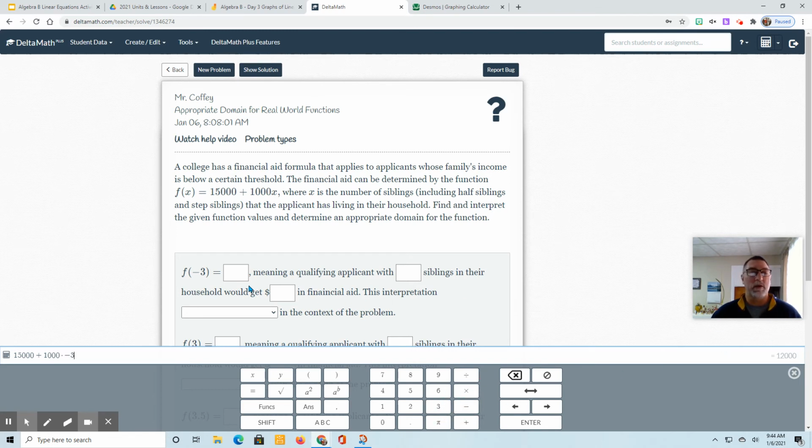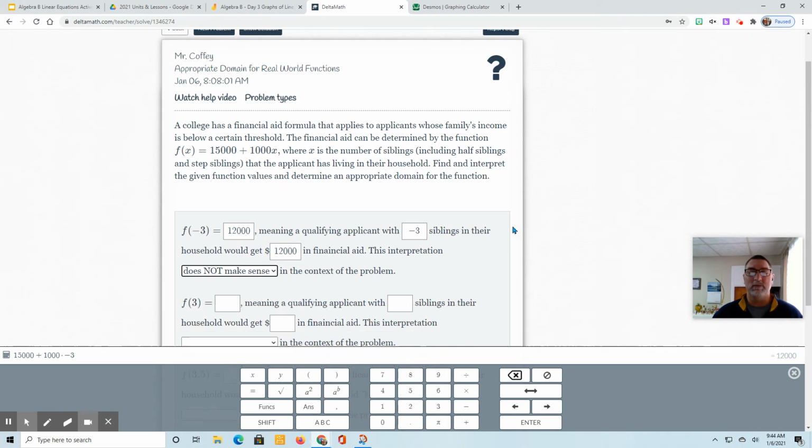And my answer is 12,000. So I'll put 12,000 in here. Meaning a qualified applicant with -3 siblings in their household will get $12,000 in financial aid. This interpretation does not make sense because you can't have negative siblings.